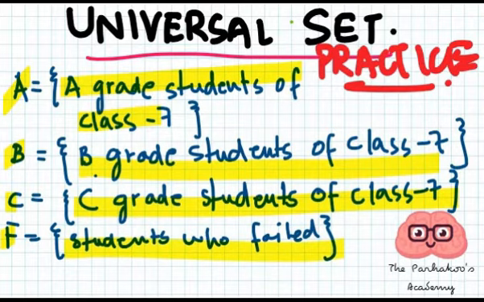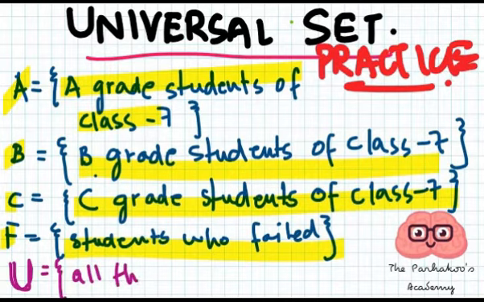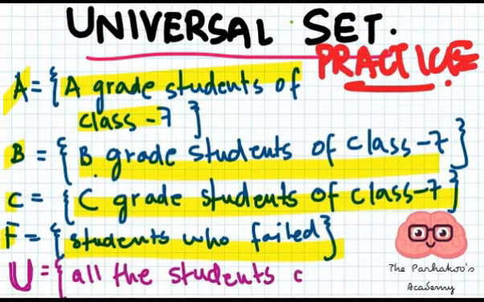There's one possibility that you can write all of them as we have been writing, but there's one more easy way. U is the set of all the students of class 7.